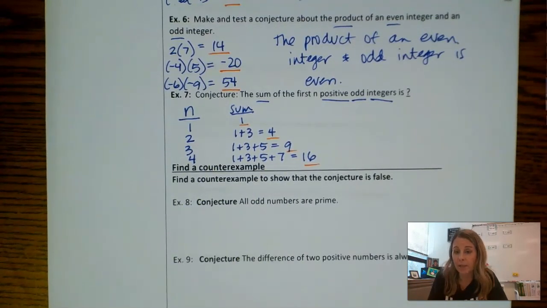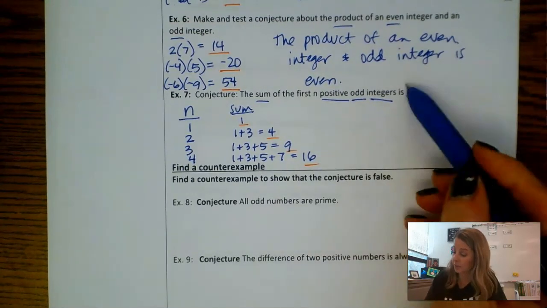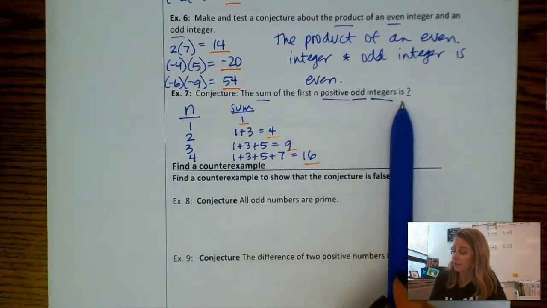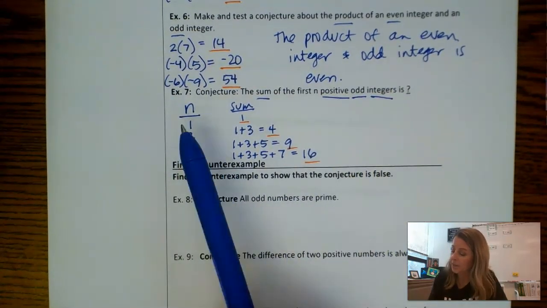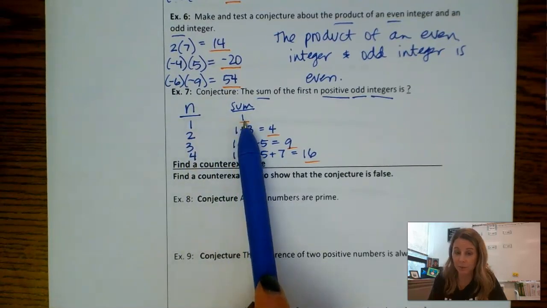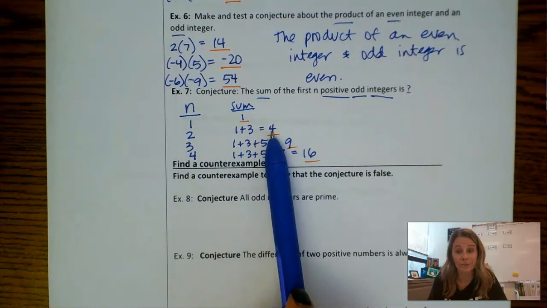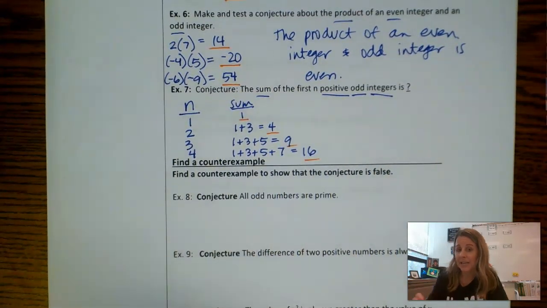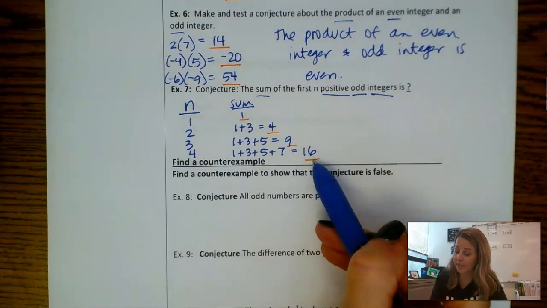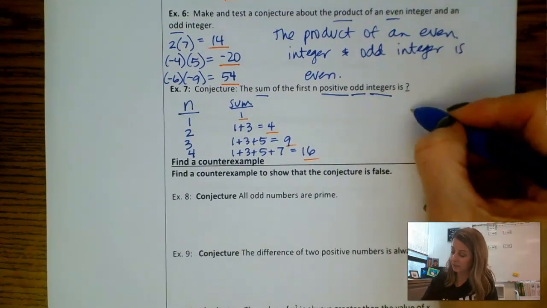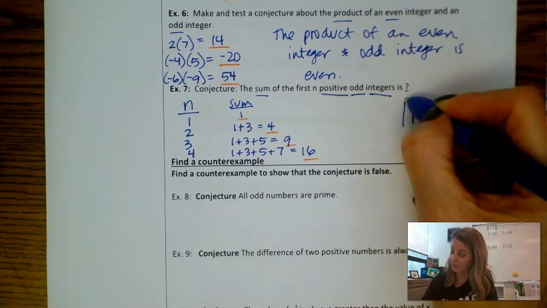So what I'm going to do is fill this blank in: the sum of the first n positive odd integers is, now I know it's a perfect square, but if you relate it back to the n, 1 perfect square is 1. 2 perfect square is 4. 3, 9, 4, 16. So if I take the number of numbers I'm adding and I square it, I'm going to get the sum. So if I extend this to 5, I should get 25 as my next answer. So the blank here is going to be n squared.